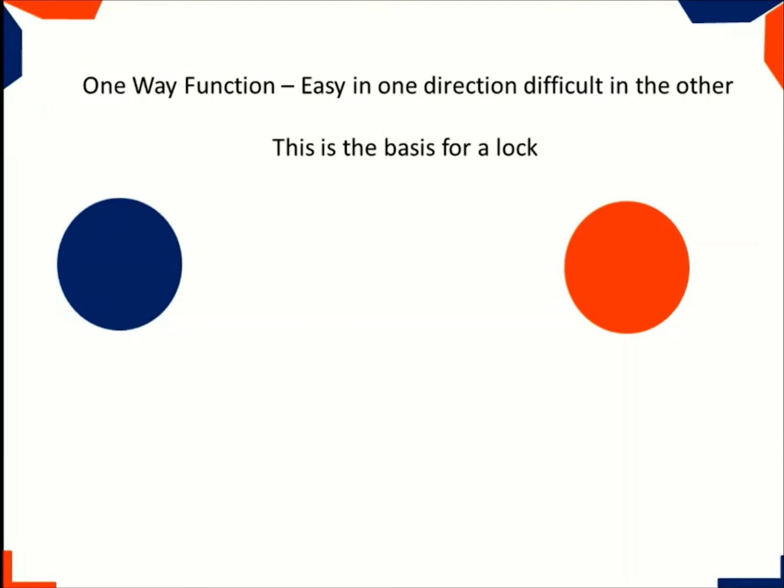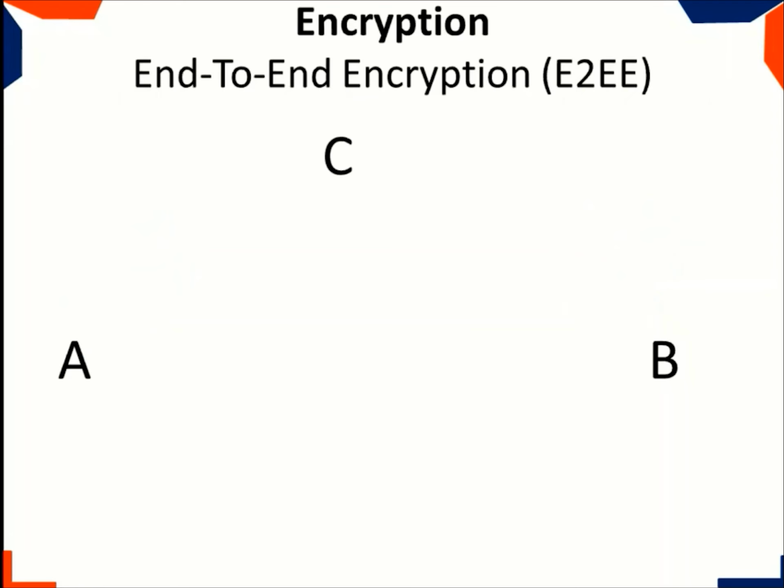End-to-end encryption has a setup for how it operates. So let's say there are three parties: one is A, one is B, and there is a third party.